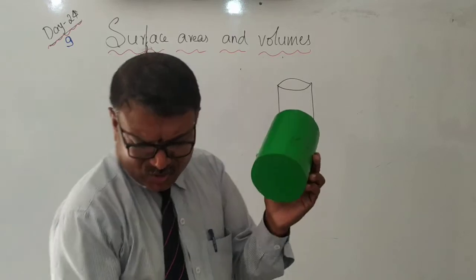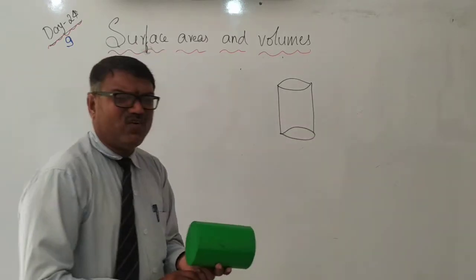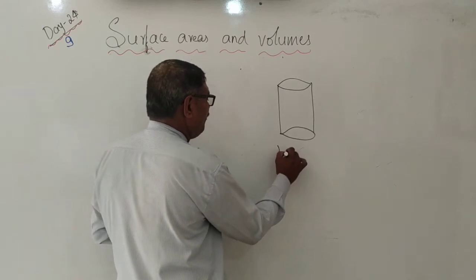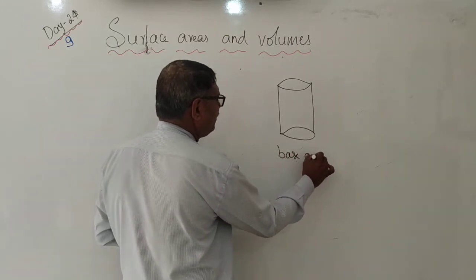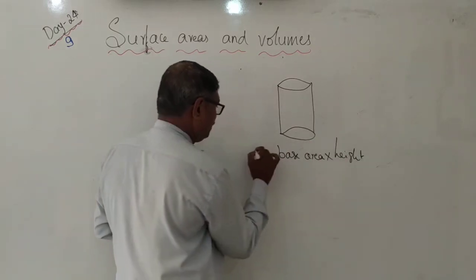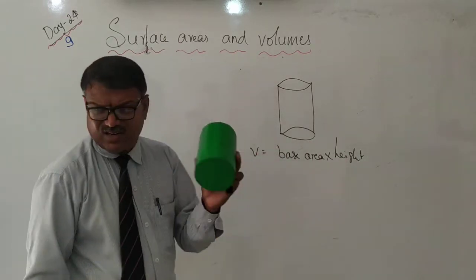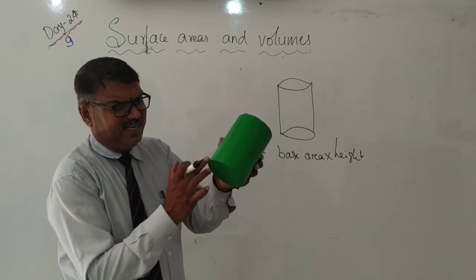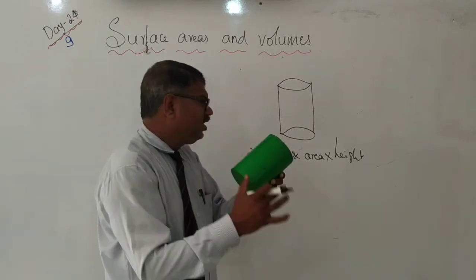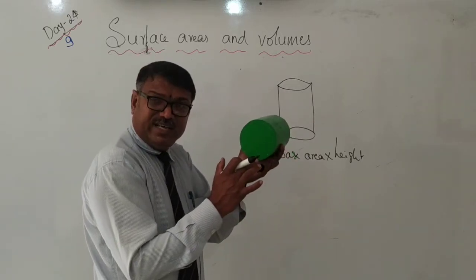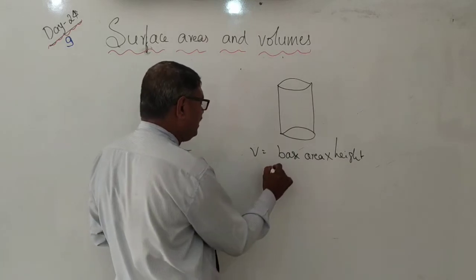I told you before how to find the volume of any figure. The volume of any figure is nothing but base area into height. What is the base area? It is a circle. What is the area of a circle?